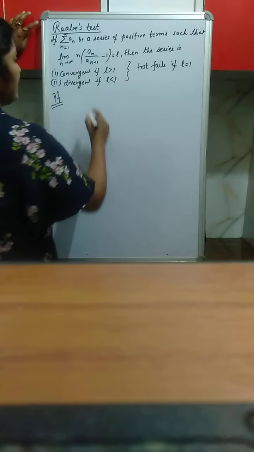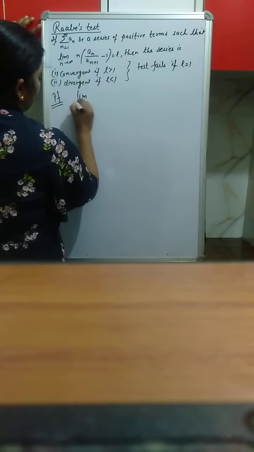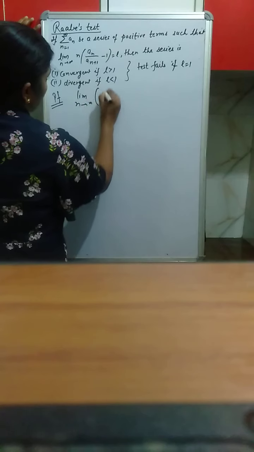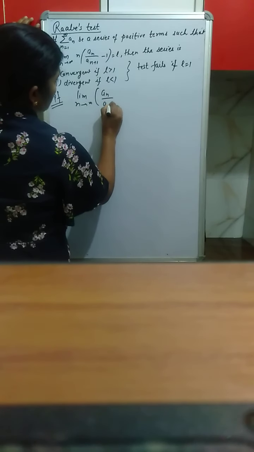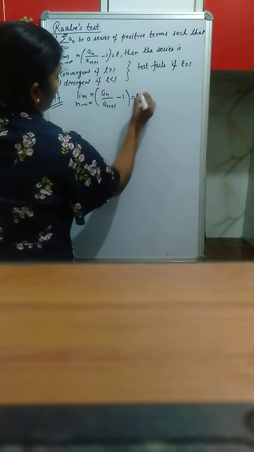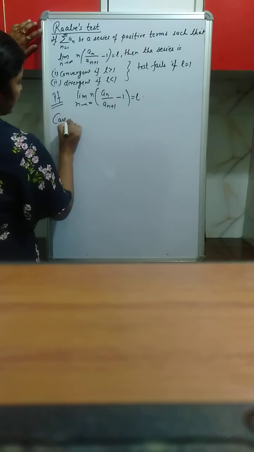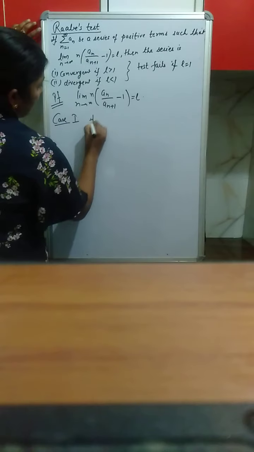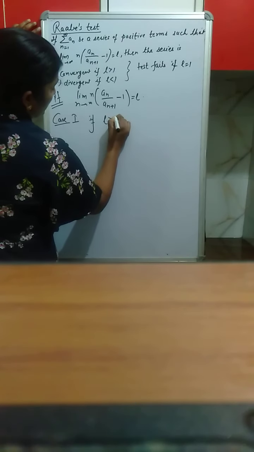We are given that the limit as n approaches infinity of n into (u_n upon u_{n+1} minus 1) is equal to L. Okay, we'll take case 1: L is greater than 1.